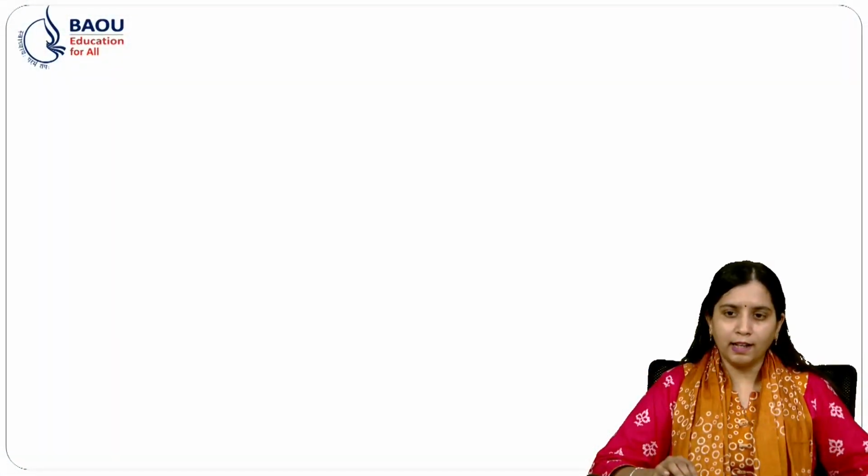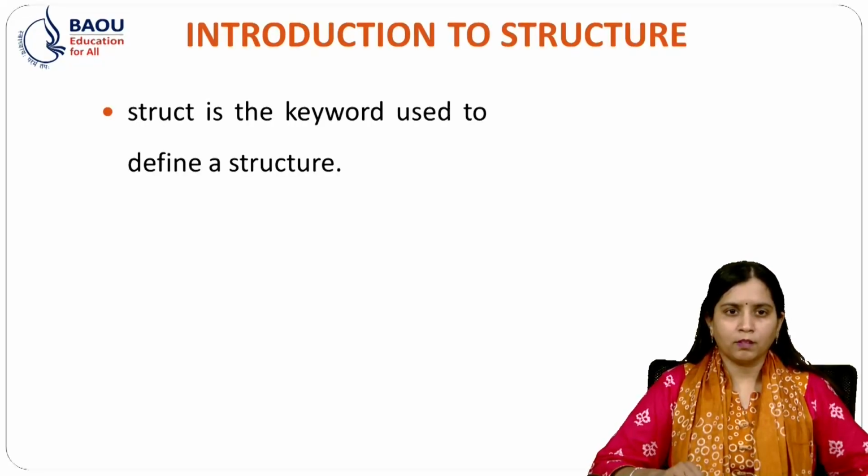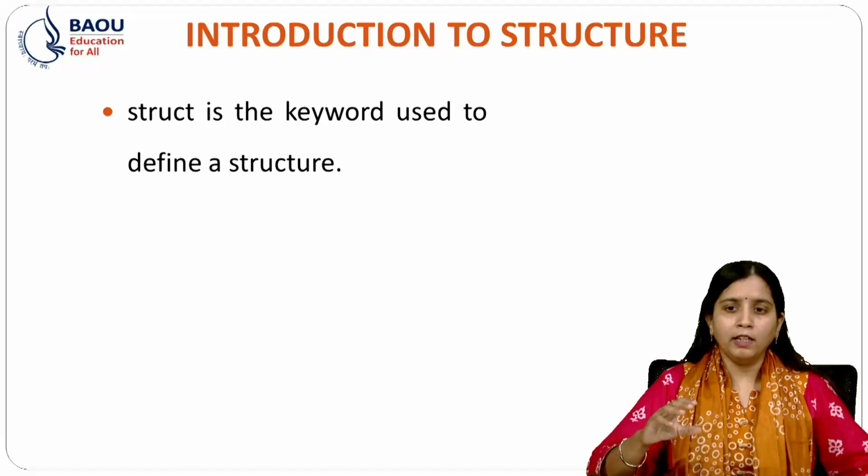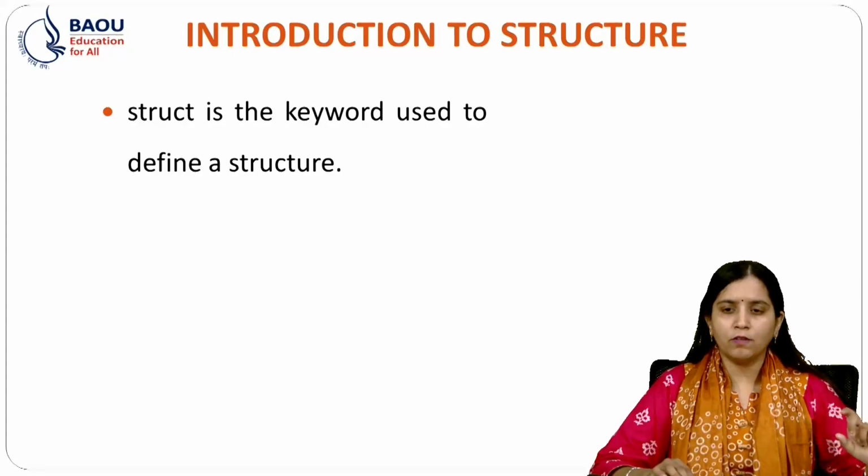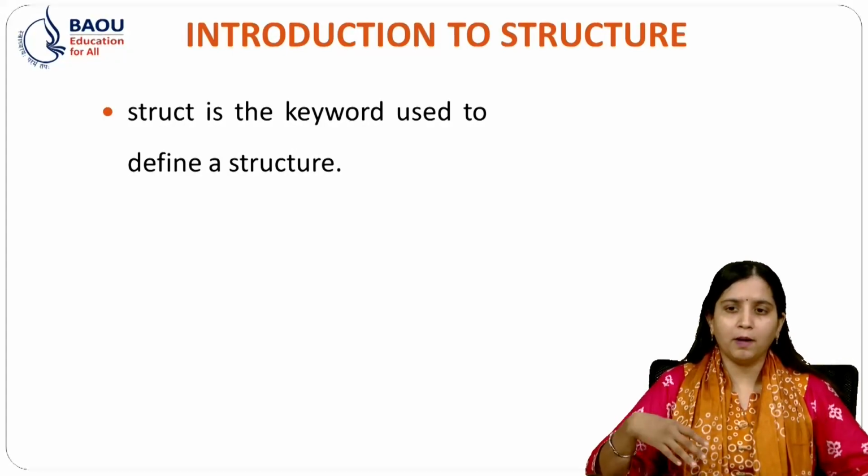Let's see the syntax of structure and then we will see the simple example of structure in detail. First of all, in syntax we have a keyword struct. That is, struct is the keyword used to define a structure so that the compiler gets to know that this is a structure.